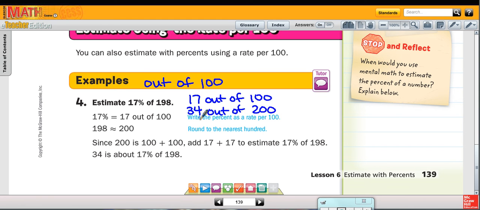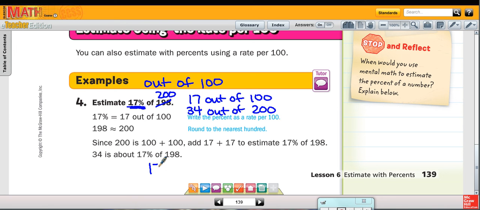So what we're going to do is keep the percentage with rate per 100, and this is going to go to a value that's close to a multiple of 100. So what's the closest multiple of 100 there? 200. Well, how many 17s would be in 200? 2, because there's two 100s, right?